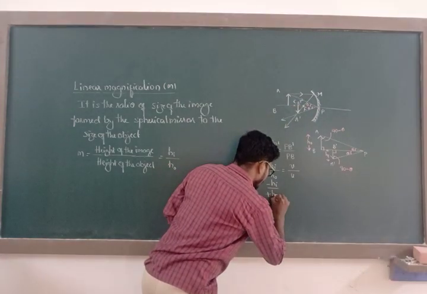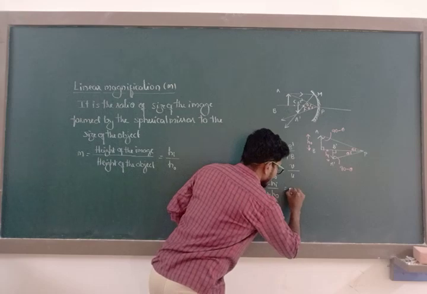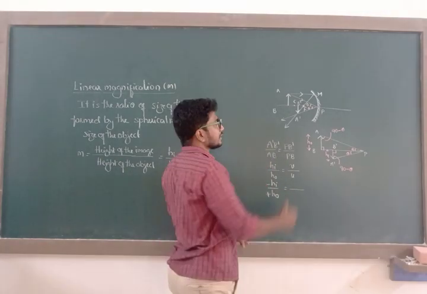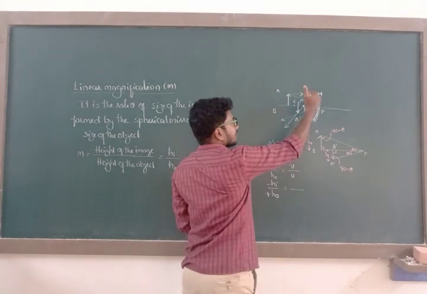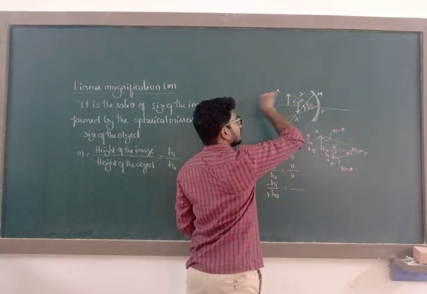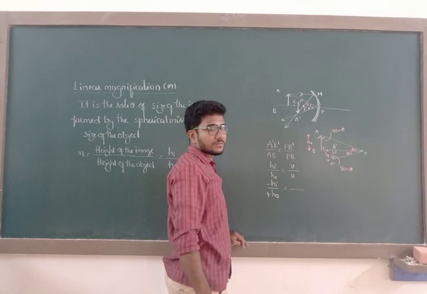All distances measured from the pole along the principal axis, in the direction opposite to incident light, are taken as negative.